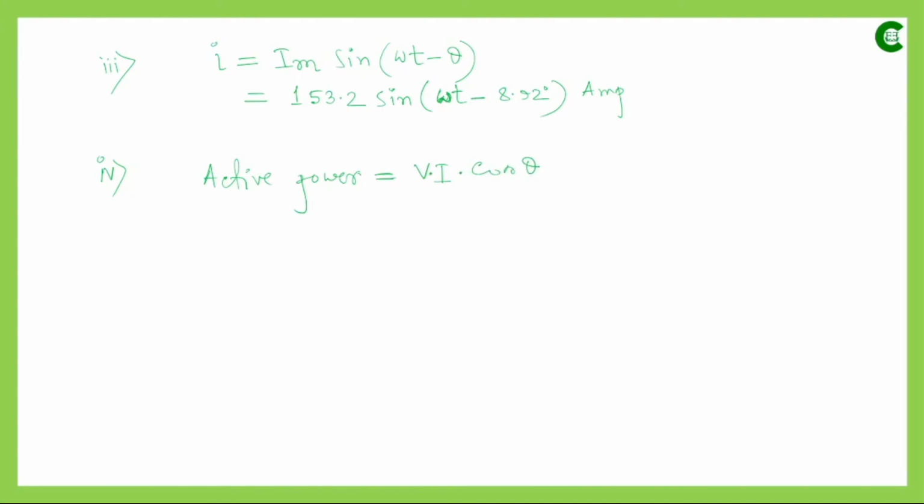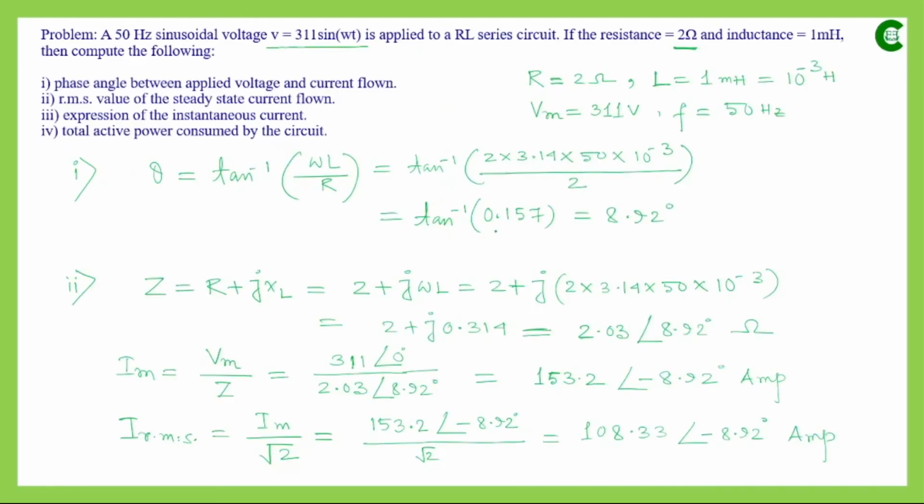This is the measure of active power, and the unit is watt. Here V and I are the RMS values. The peak value of voltage, as we have seen, was 311. So 311 divided by root 2 will be the RMS value of the voltage, and the RMS current value we have already obtained in the second step, and that was 108.33.